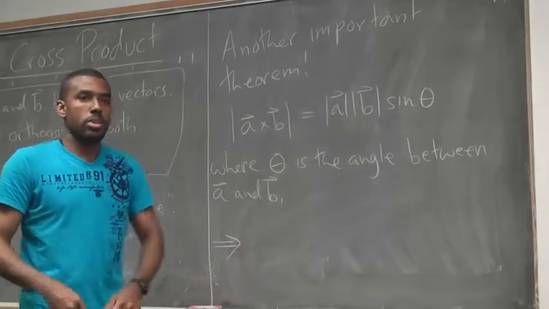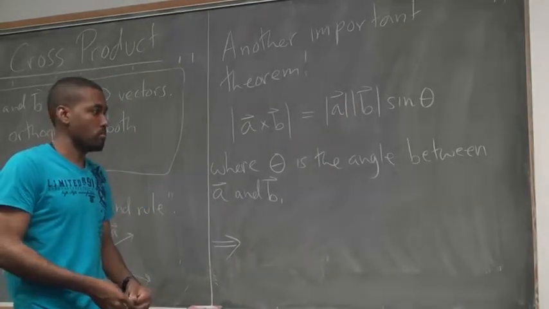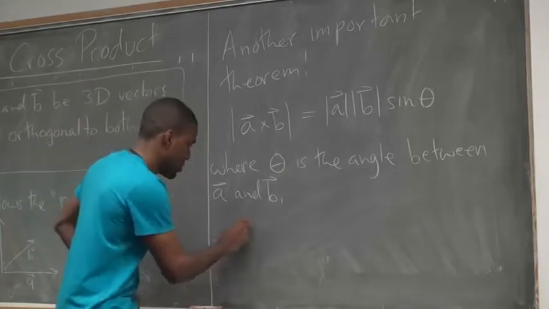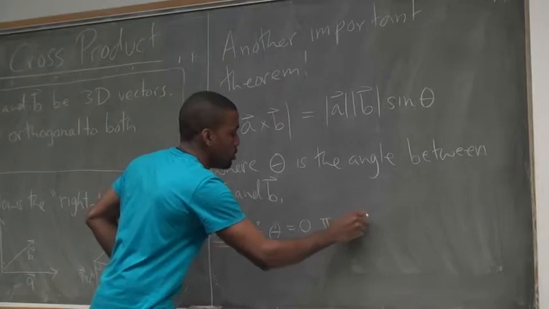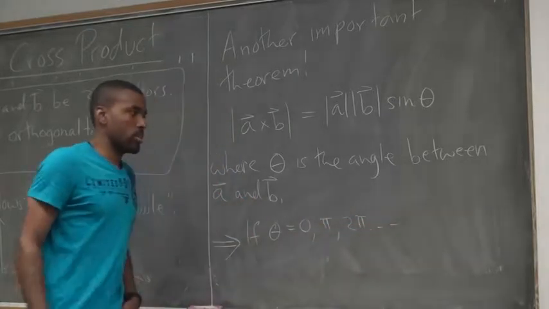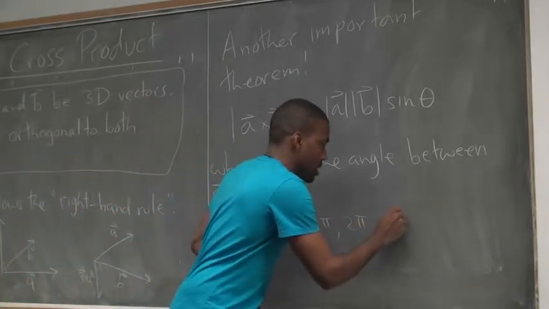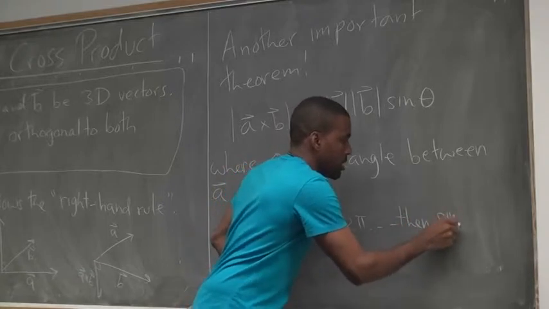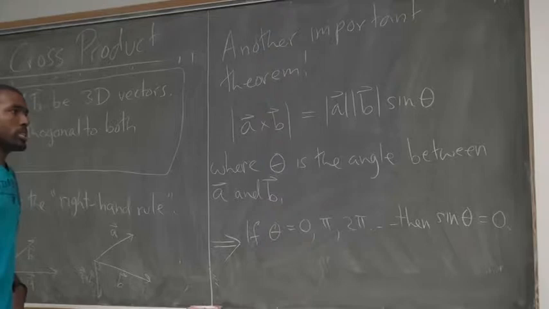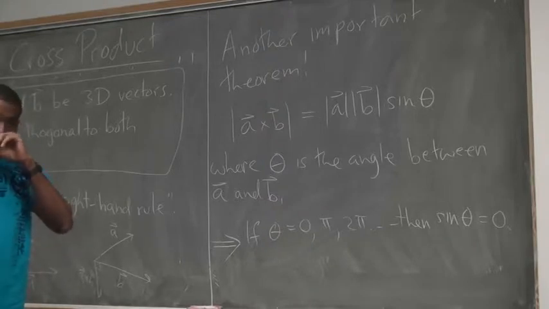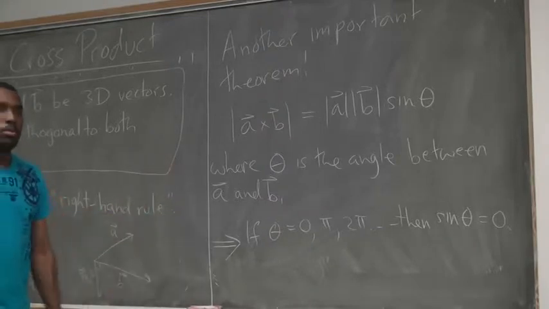What are the angles that would make sine 0? If theta equals 0, pi, or 2 pi, etc., then sine theta equals 0. But what does that mean for the vectors A and B? They'd have to be parallel.